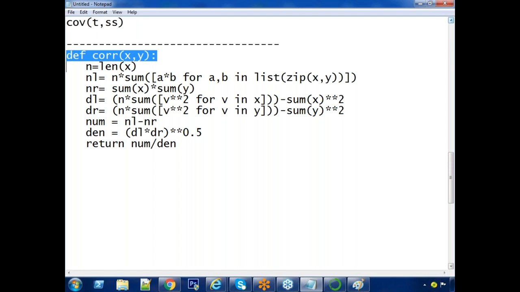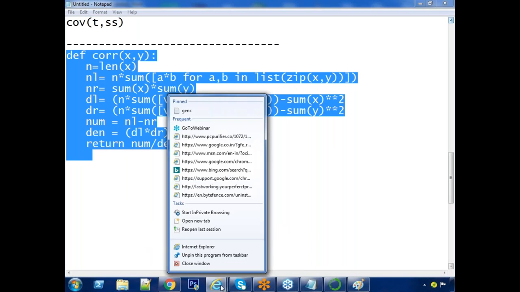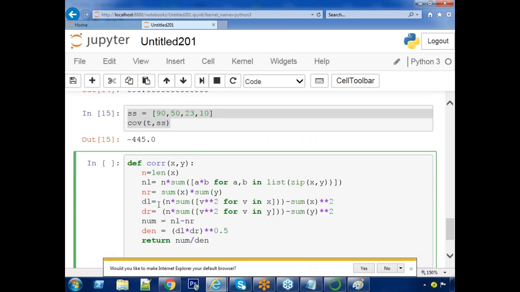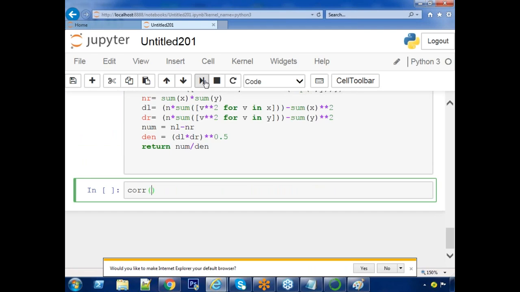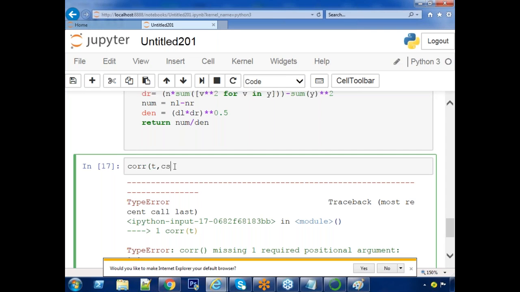Now I'm running this. Correlation of xy. Corr of temperature, cool drink sales.